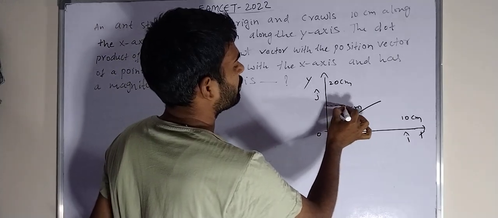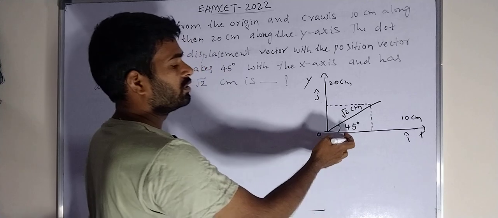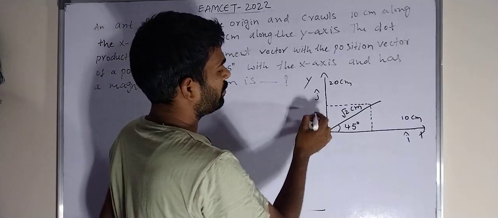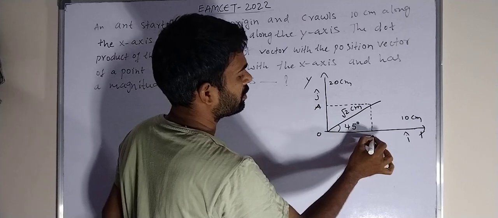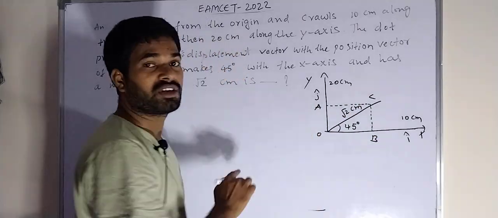So from vector resolution we can find out this value and this value. This is O, I will take this as A, this is B, this is C. OB and OA we can find out.